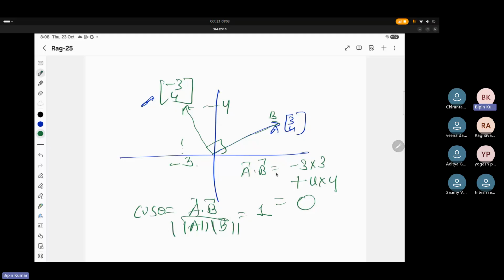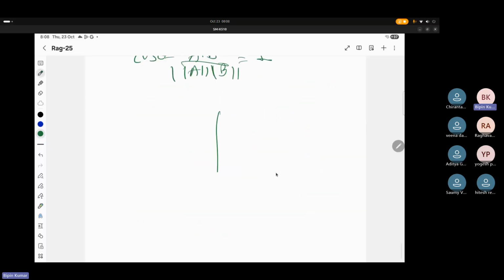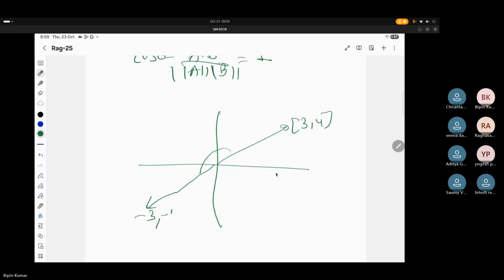The third case will be exactly opposite. Here we have taken 3 comma 4. So 180 degrees means just the opposite of this, which is -3 comma -4.